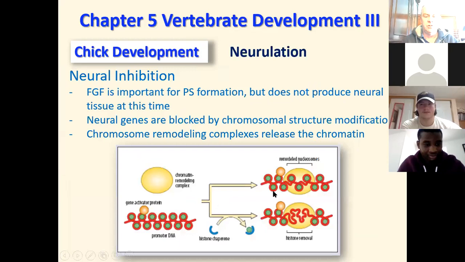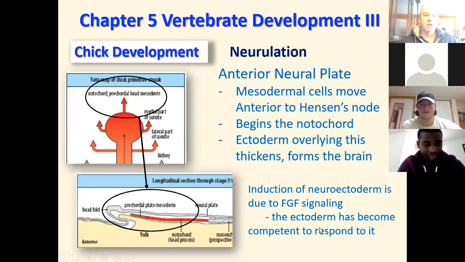And now at this point, these ectodermal cells are competent to respond to that FGF because this is way back at the beginning of the primitive streak. All the FGF-responsive genes are tied up with histones. At this point, they've been freed up. So now when this releases FGF, this becomes neural. And neural is going to be like a thickening, and then that becomes the brain.